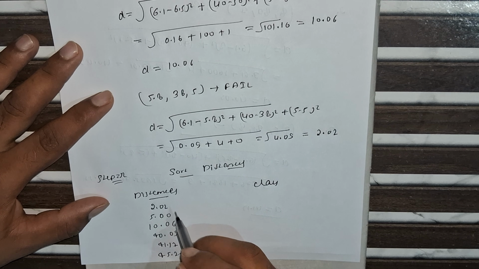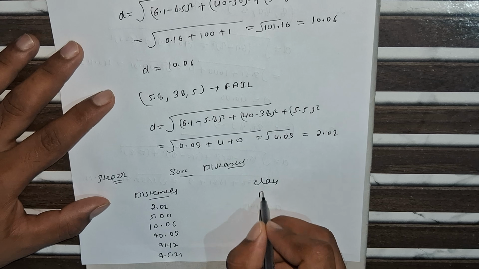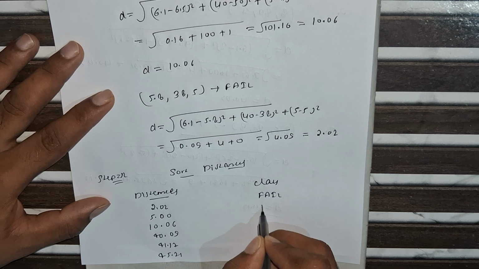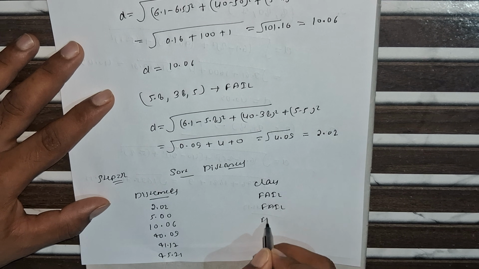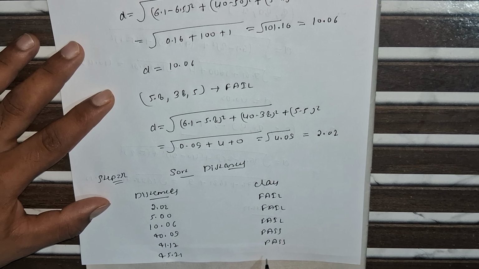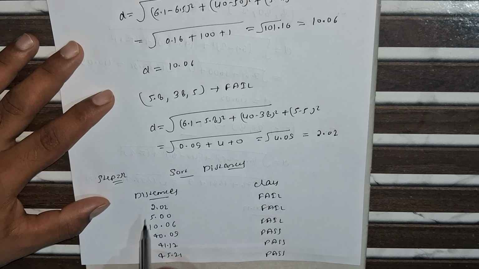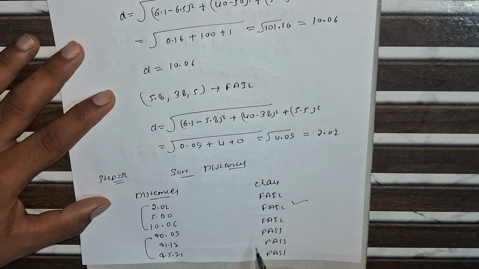So I am arranging the distances in ascending order, and the result is first fail, again fail and fail. After that pass, pass, and pass. So these are the distances for the 3 fails, and these are for the passes.